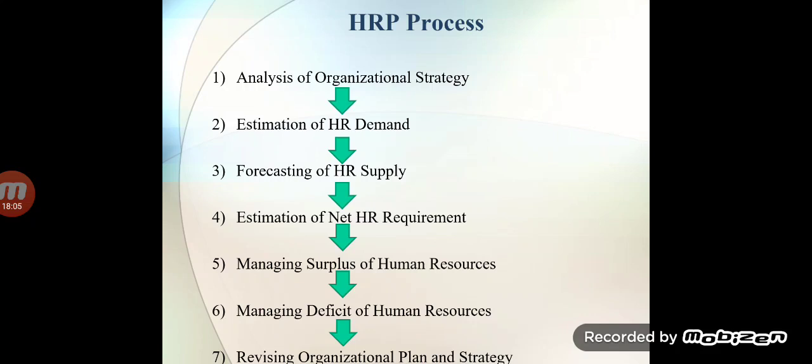For example, from college recruitment, market recruitment, internal recruitment, external recruitment, from a particular place, etc. We have to forecast that these types of employees we will get from these institutions, from this market, from this method, and that is called forecasting of human resource supply.